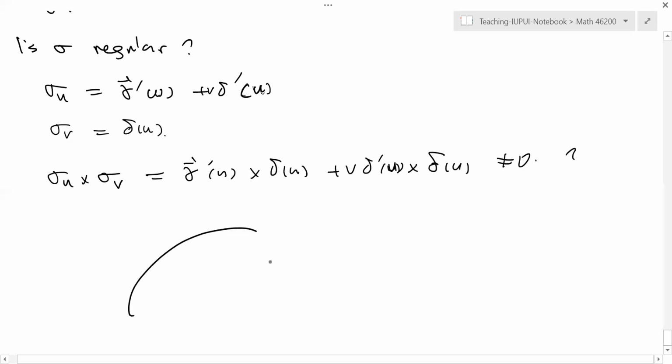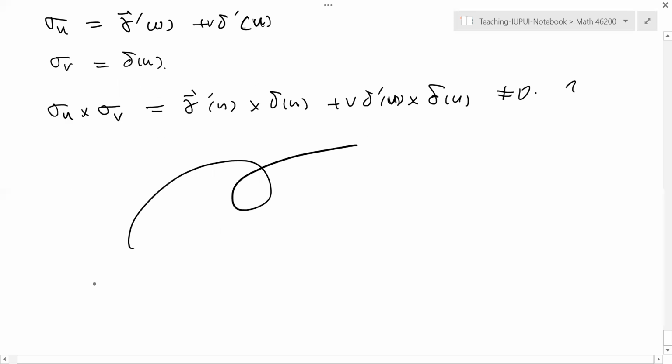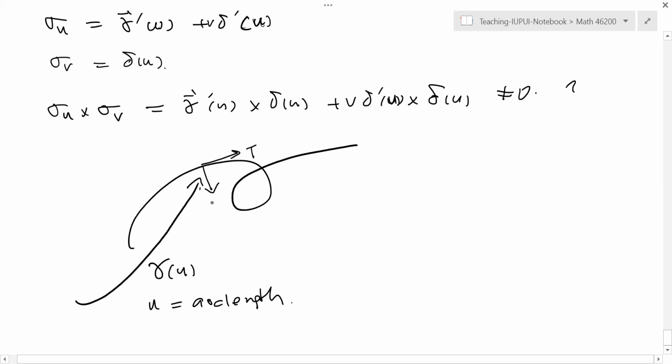Along this curve, we assume that this is gamma, and gamma is the arc length. So you actually have three vectors: this is t, that is n, and B is t cross n.